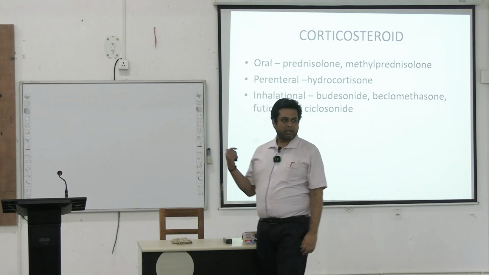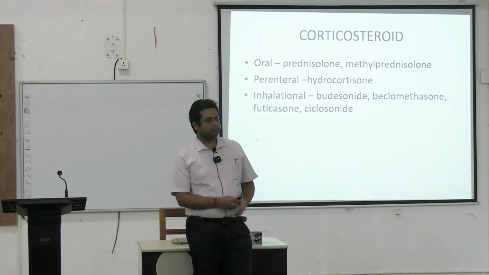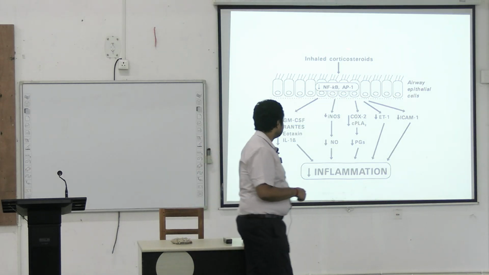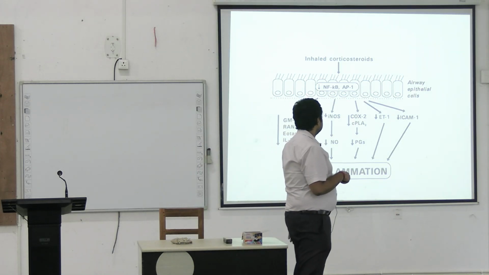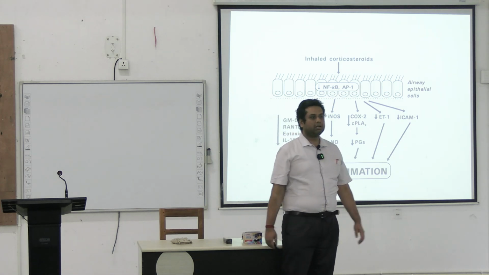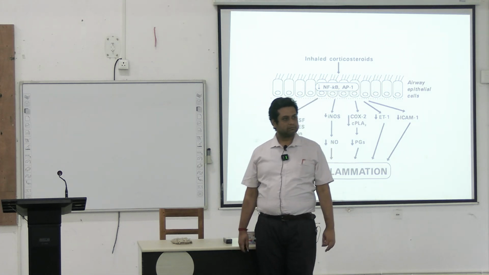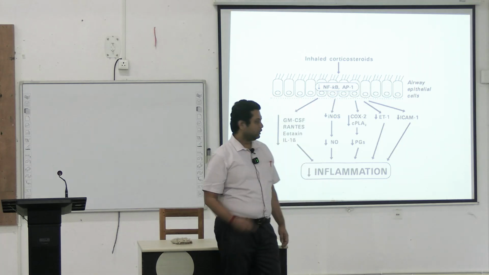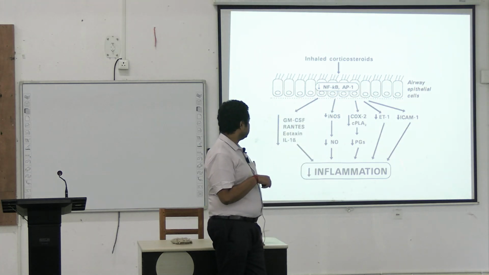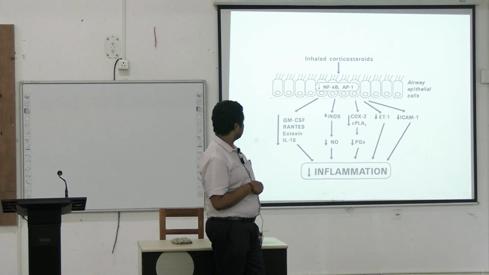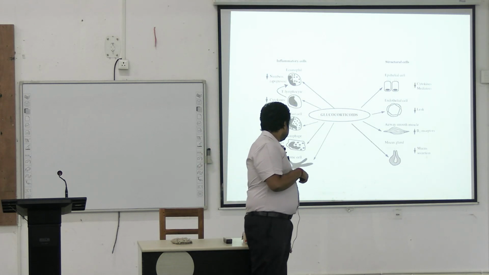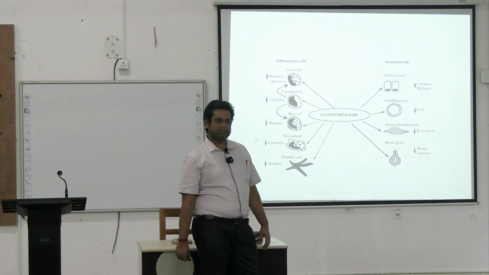And faster action. So what will inhalational corticosteroid do? It reduces the synthesis of all these chemical mediators. It reduces inflammation, and in cells it reduces the number of all the inflammatory cells.